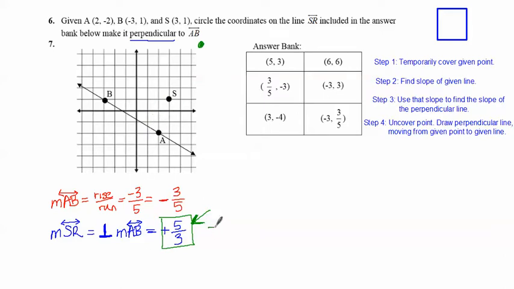Thankfully, you should remember that a +5 over a +3 is the same thing as -5 over -3. So from my starting point, I can also try going down 5 and then left 3 and find a point there. And that line is the perpendicular to line AB. And this new point that you found down here, that would be your point R that they're talking about in the original.